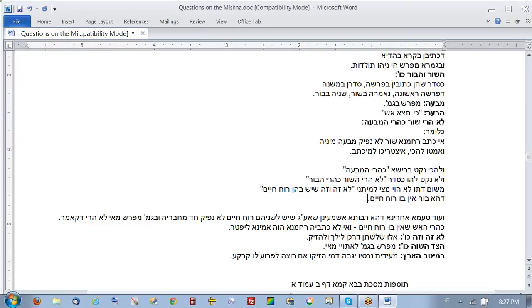Well, my initial thought off the top of my head is that mava is somehow subsumed in the previous statement of Lo hari ashor kahari abor, because certainly if we couldn't have learned, so we might have thought that since both mava and shor are ruach chaim, that was the chumrah, and then there would have been no necessity to teach mava because we already learned that from shor, I guess.